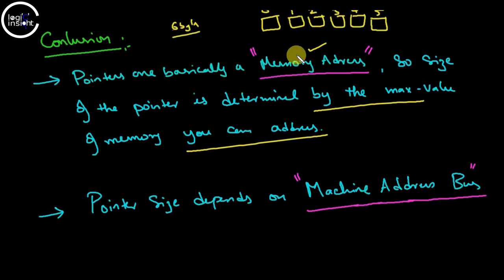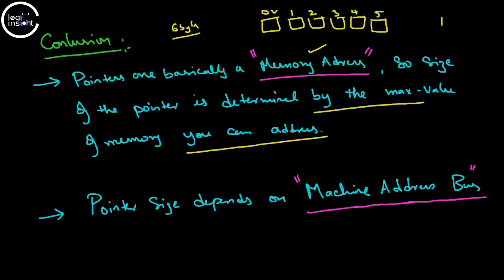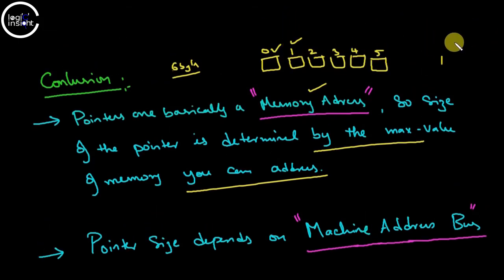In order to represent this, if I take 1 bit, then I can access two locations. If I take 2 bits, then I can access 0 1 2 3. If I take 3 bits, then I can access 4 5 also, and 6 and 7 also, but here the memory is only up to 5, from 0 to 5, which is totally 6. Now here the value is 3.